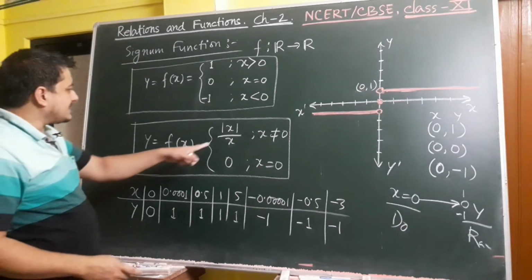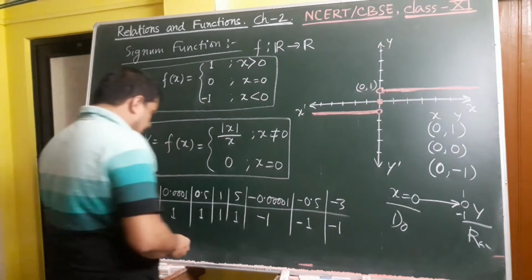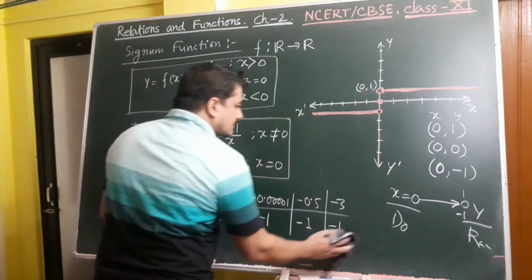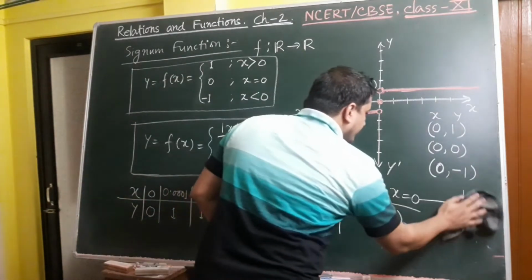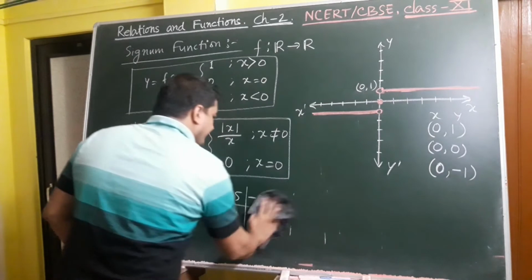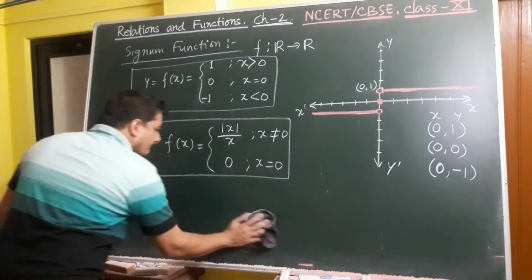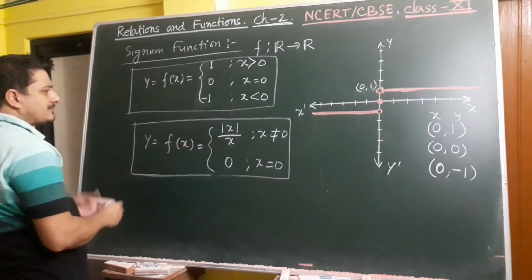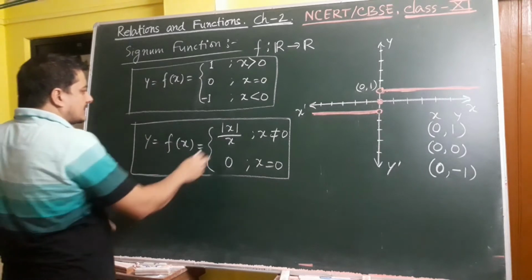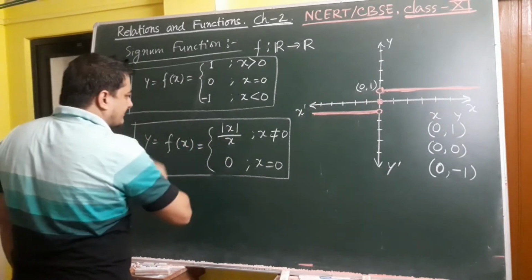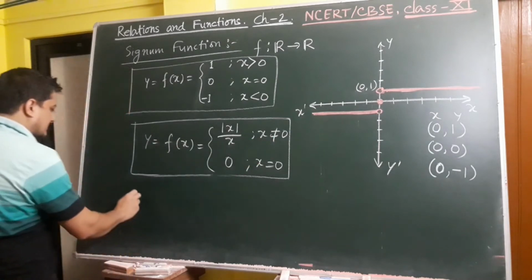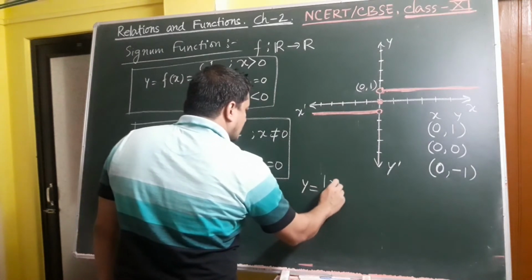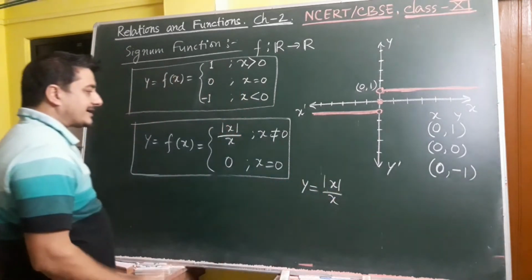Now this one also, I will show you. They both are actually the same expression written in a different way. If you take any value where x is not equal to 0, say the equation I write as y is equal to mod of x divided by x, for x not equal to 0.